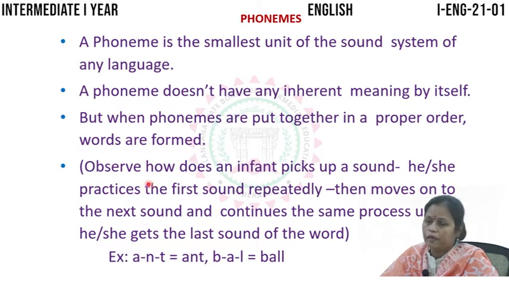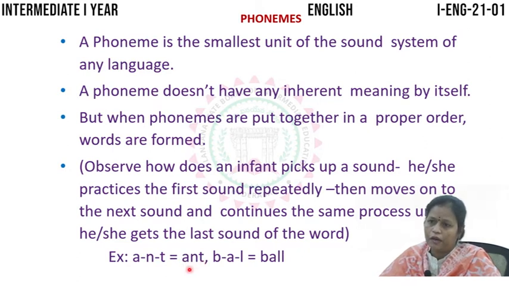Let us see. Did you observe any time how an infant picks up a sound? He or she practices the first sound repeatedly, then moves on to the next sound and continues the same process until he or she gets the last sound of the word. So for example, let us see ant.